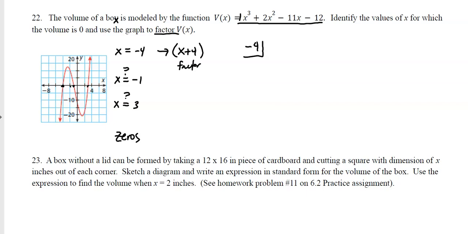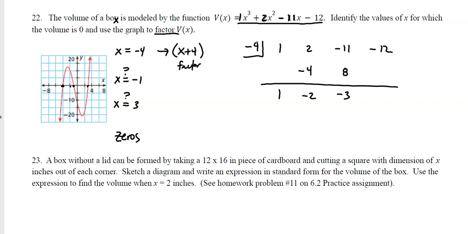And I have 1, 2, negative 11, negative 12. Bring the 1 down, multiply, add, multiply, add, multiply, add. Sweet, I got a remainder of 0. So that means that I now have x squared minus 2x minus 3.